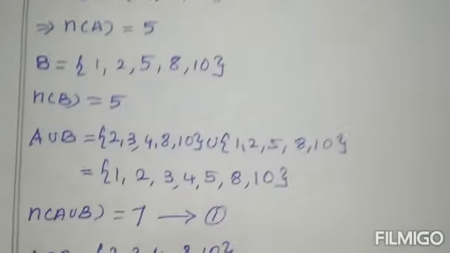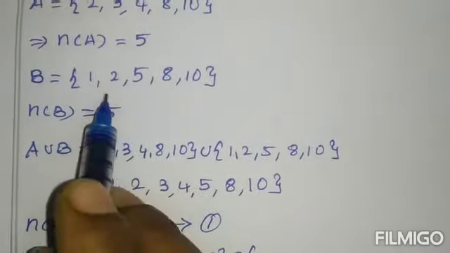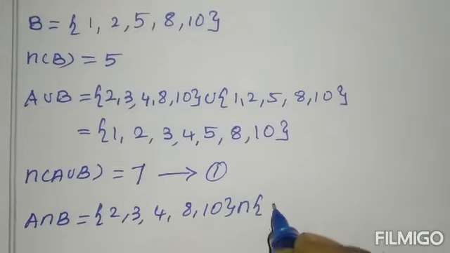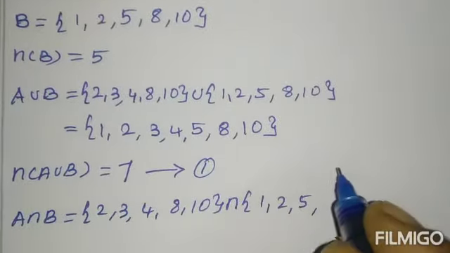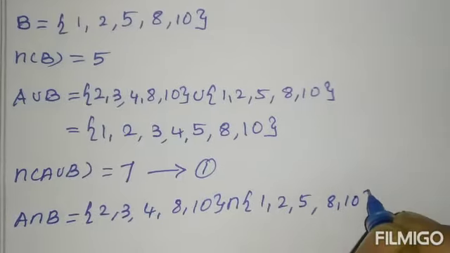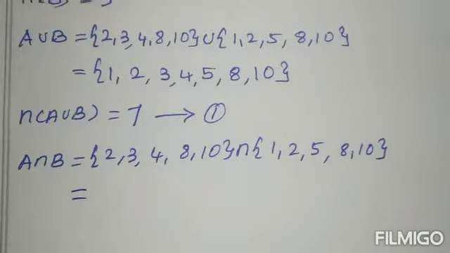These are the elements of A. Intersection elements of B: 1, 2, 5, 8, 10.